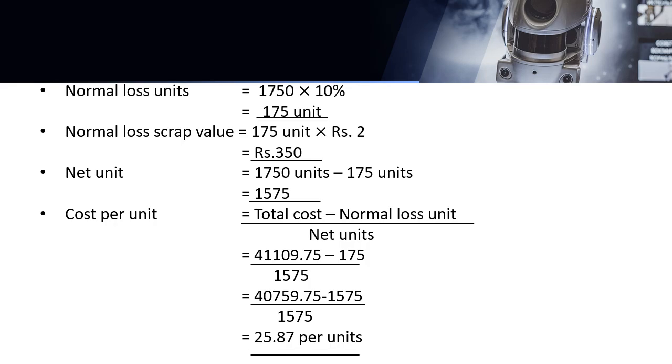Next, calculate the cost per unit. Cost per unit equals total cost minus normal loss scrap value divided by net units. Total cost is 41,109.75 minus 350 divided by 1,575, equals 40,759.75 divided by 1,575. Answer is 25.87 per unit.